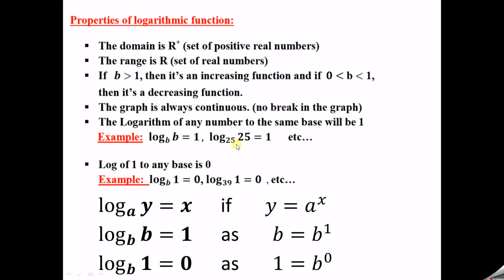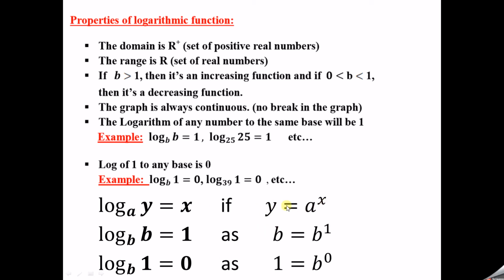This is true from the fact that if we look at the definition, the logarithm of y to the base a equals x if y equals a power x. We have seen this definition. Whenever y is a power x, we write the logarithm of y to the base a equal to x.